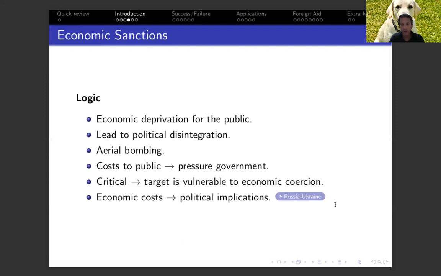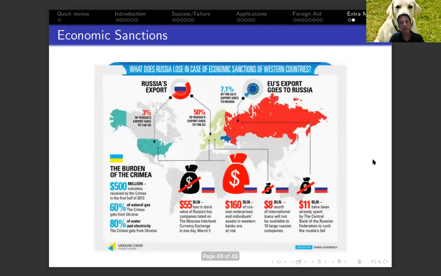As an example of a high level of economic cost, this was the expected economic cost from sanctions on Russia following the Russian attack in Ukraine, where the Russians invaded and took control of the Crimea Peninsula in Ukraine a couple of years ago.